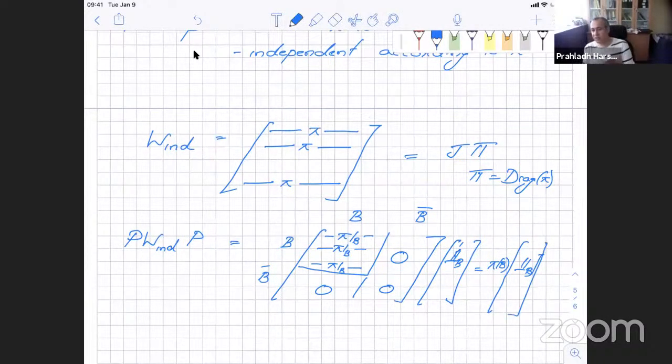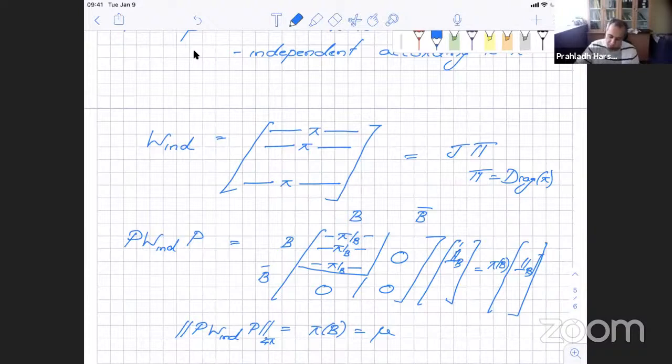Its eigenvector is I_B, and the corresponding eigenvalue is pi_B. And this is the singular value. So this will tell you that its L2 norm is equal to pi_B, which is mu, which is exactly what we wanted to prove. That is, in the warm-up case, this is what we wanted to have, and good.